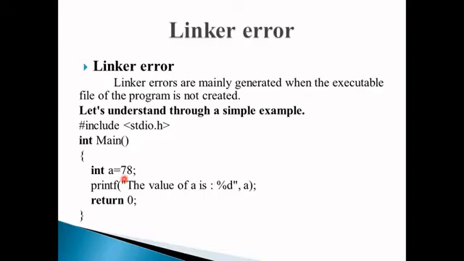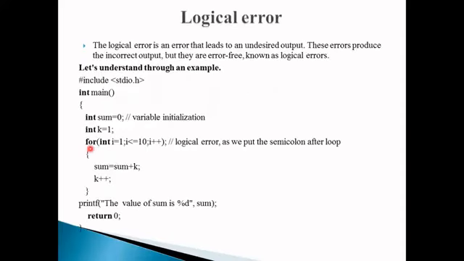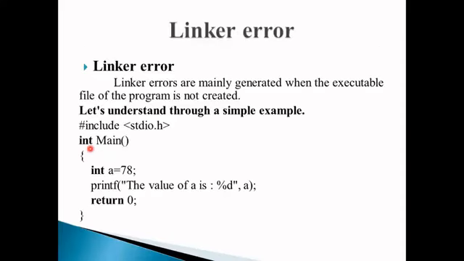Let us see an example. Here we take #include <stdio.h> header file. Next one is int, the name of the data type, and the main function. Actual execution starts from the main function.